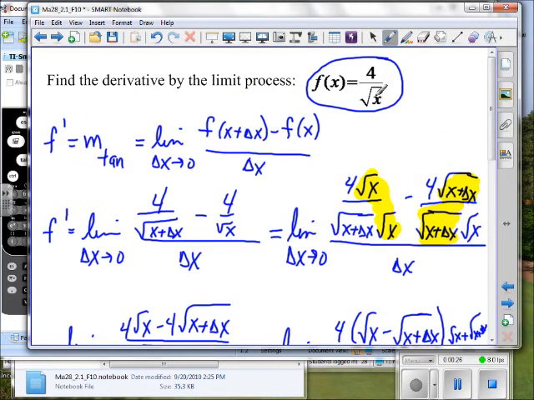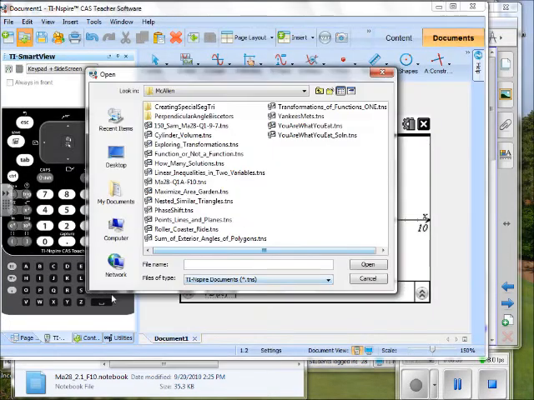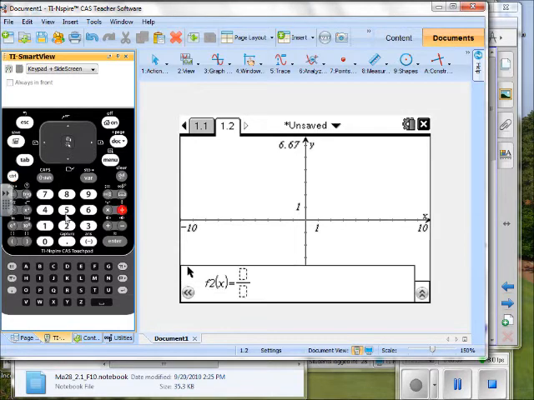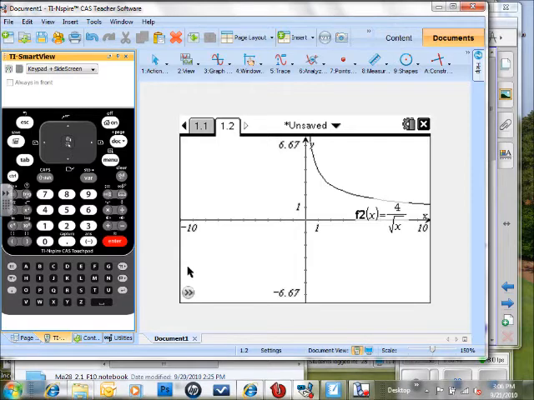Up there. Okay, very good. Now, again, to do this, I'm going to put this function in. What was the function again? Was it 4 divided by the square root of x? Okay, so I'm going to do 4 divided by the square root of x, and I'm going to graph that.